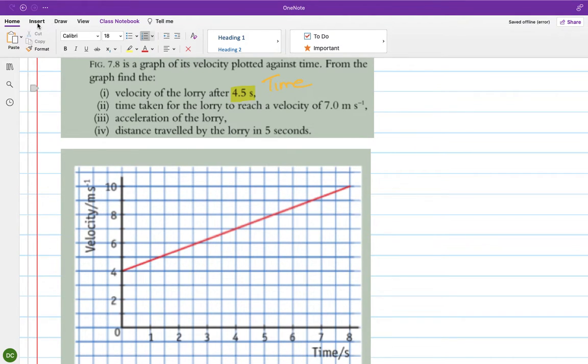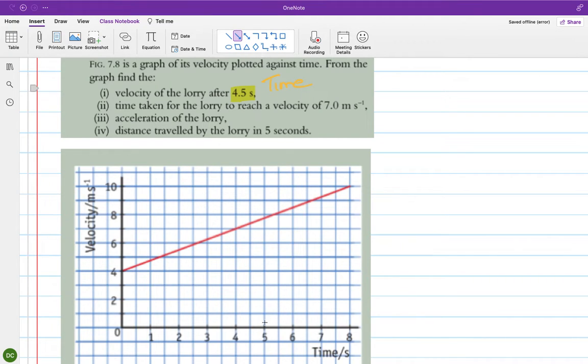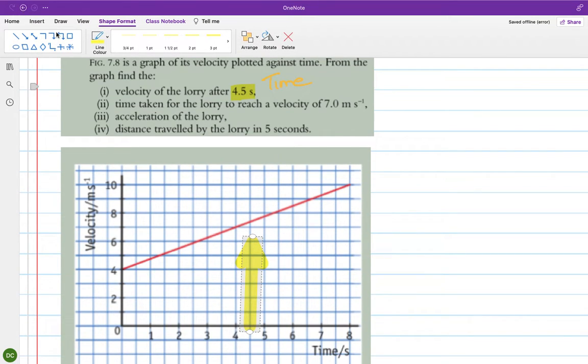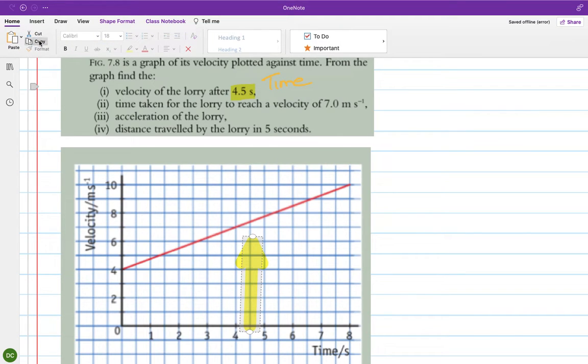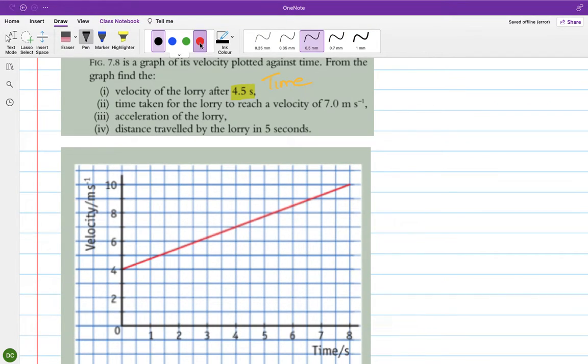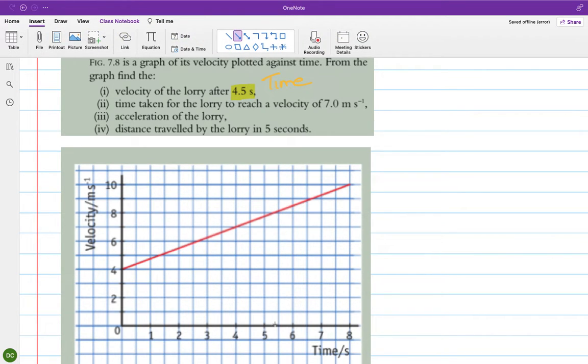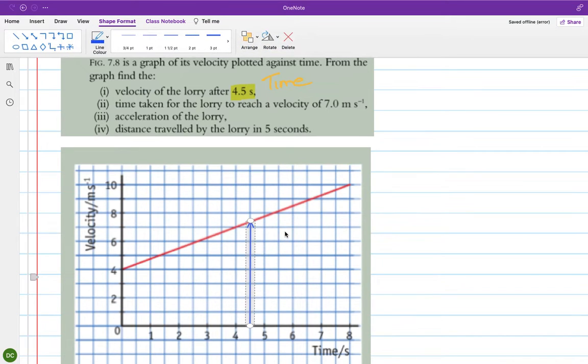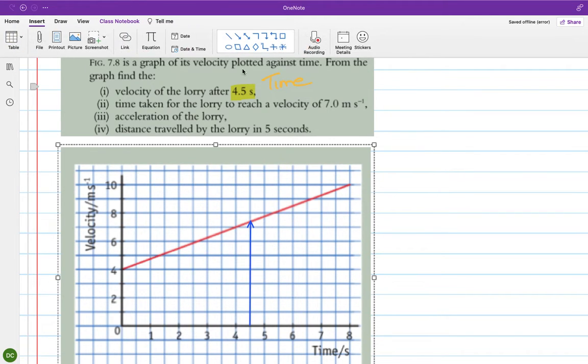So I'm going to do it on here because it's less jumpy. I go to 4.5 seconds on the time axis. Sorry. Let's not do that with a highlighter. We use a pen, actually blue. So, try that again. Go to 4.5 seconds here. Go up until I hit the graph.